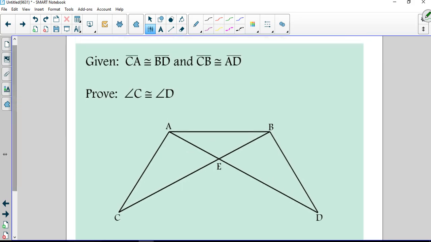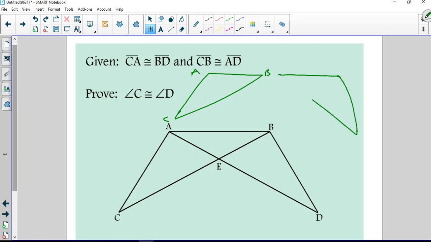Okay, so again, might help to draw this out. C, A, B, A, B, D, like so. And mark. It says CA and BD are the same. CA, BD.